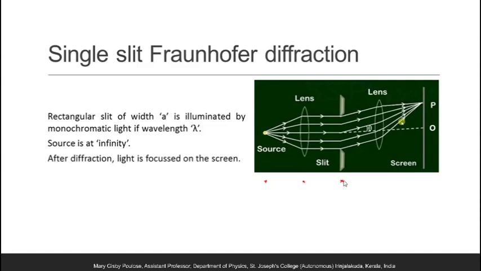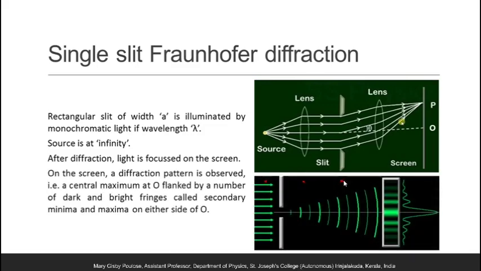When light passes through the slit, it undergoes diffraction. After diffraction, light is focused on the screen by means of another convex lens. On the screen, a diffraction pattern is observed. Here, this is the diffraction pattern that you can observe, and in the central region at point O, the central maxima is obtained.